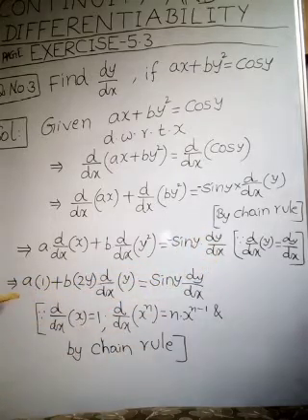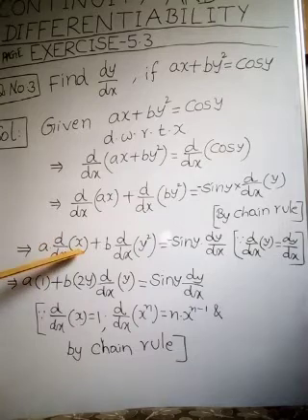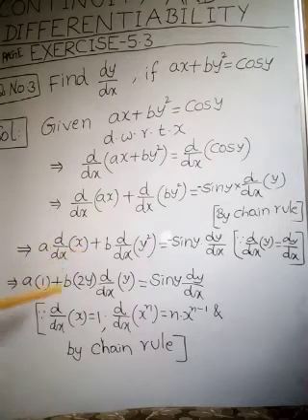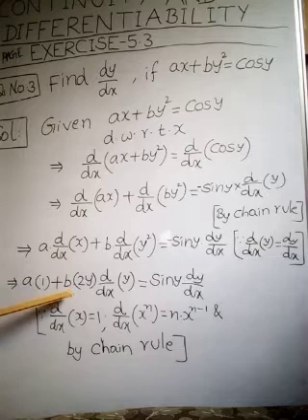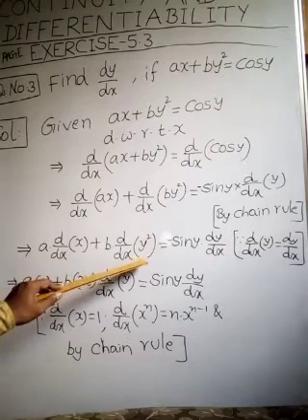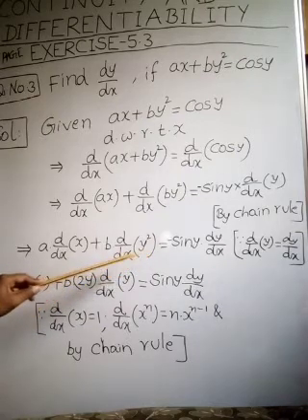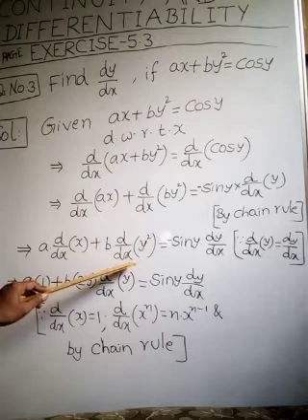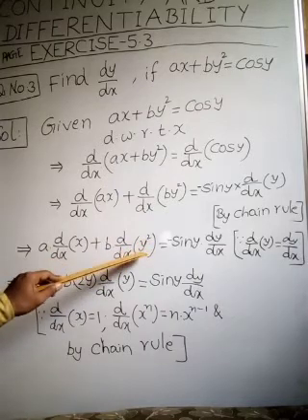Right. Now, come to the next step. A into d by dx of x. What is the value of d by dx of x? 1. Plus b into d by dx of y square. Here also we have to use the chain rule, because this function is in y, but we are differentiating with respect to x. So we assume this one as x.